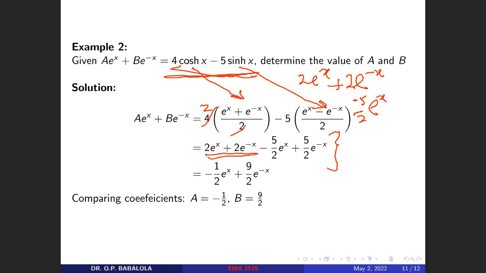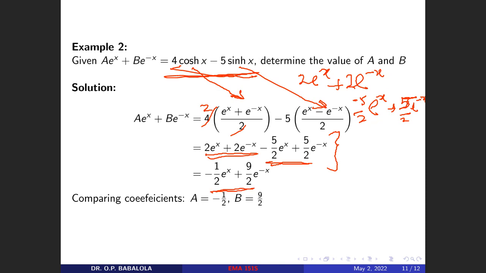Exponential x plus, minus times minus is plus 5 exponential minus x over 2. Hold on. Let's just finish with this. And that's what I've got here. All right. And then you solve this further. Okay. You're going to have these values.